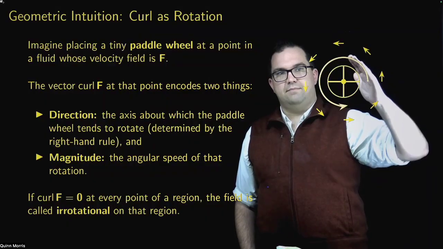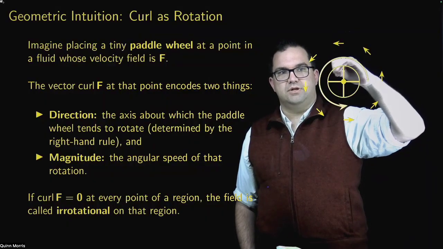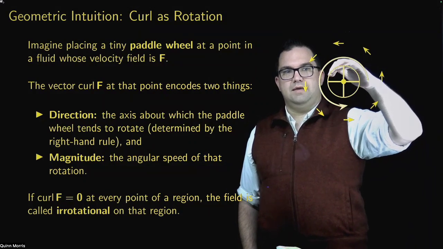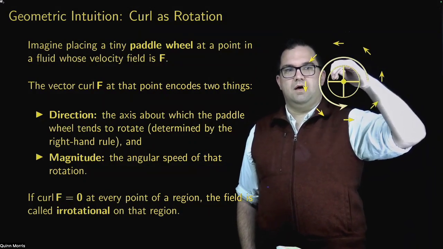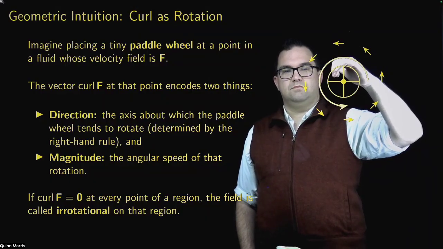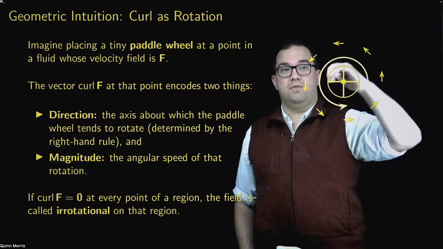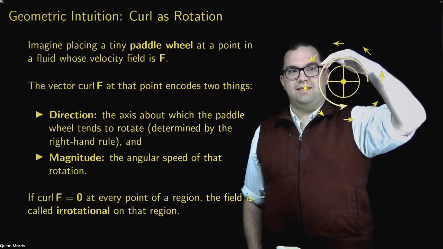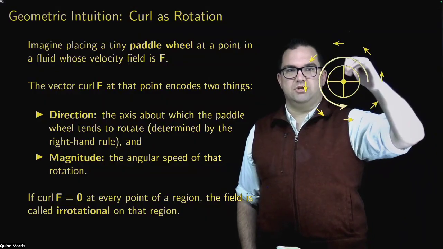Then you look at, okay, if I turn my fingers in this direction, which way is my thumb pointing, right? So in this case, it's pointing away from the board, like it's pointing back towards me, right? So that's giving you the axis of rotation, okay?